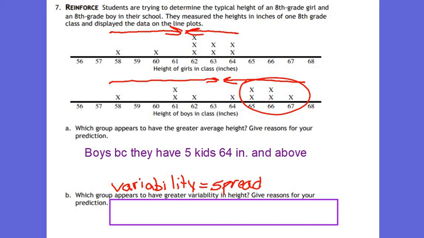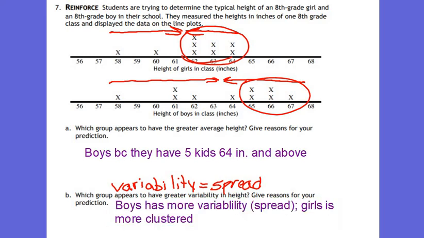How they're dispersed. It says which group appears to have the greater variability in height. So which one has the greater spread amongst the data? The boys. The girls kind of get clustered right in here, where the boys are more evenly dispersed. So we're going to say boys has more variability or spread. Girls is more clustered.